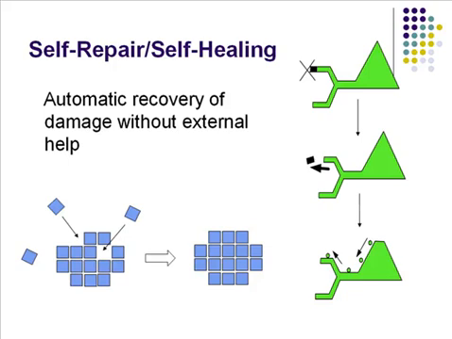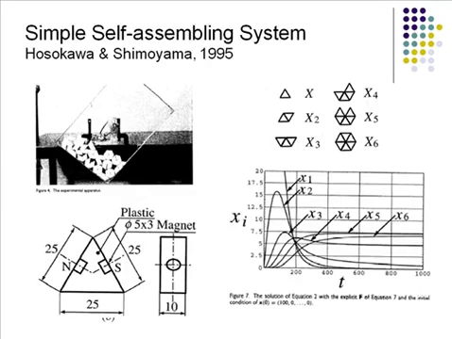And here I'd like to show you a very simple example of self-assembly, which is actually one of the first works of artificial self-assembly. This is Hosokawa's work when he was a PhD student.